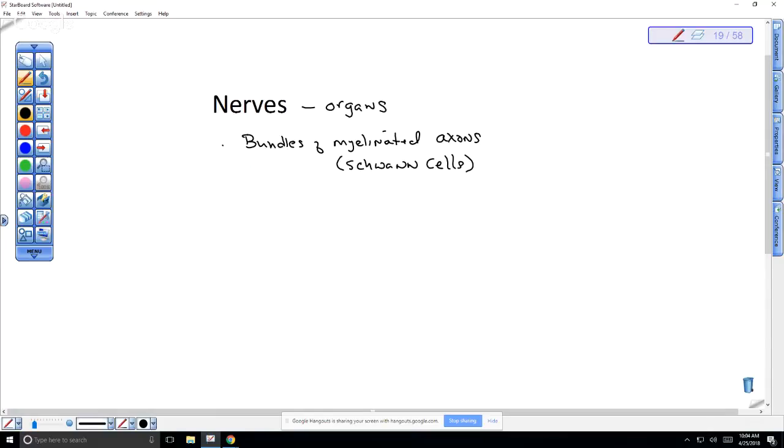So when we talk about nerves, we can say that some of these axons are also referred to as fibers. Which is kind of confusing because we have nerve fibers, but we also have muscle fibers. And muscle fibers are muscle cells, but they're also called fibers. So axons are called nerve fibers.